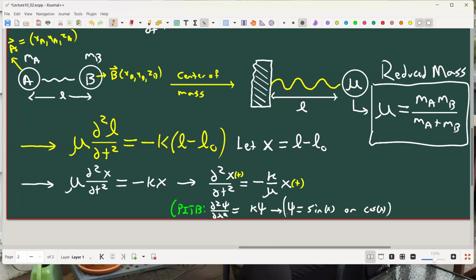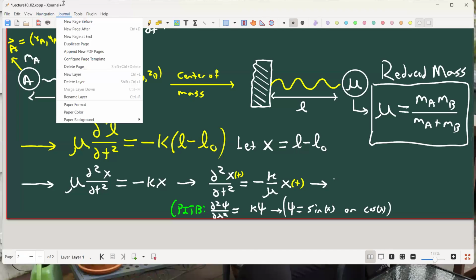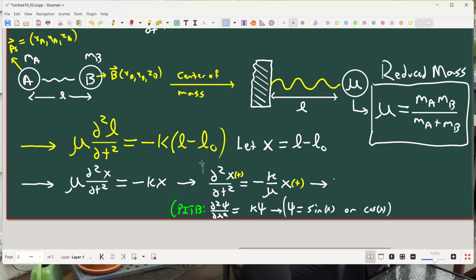We know that it's some sort of sines and cosines, if you will. Let me go to the next page so I have some space. We're going to talk about this solution.